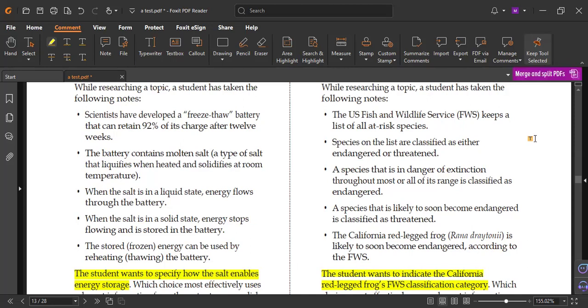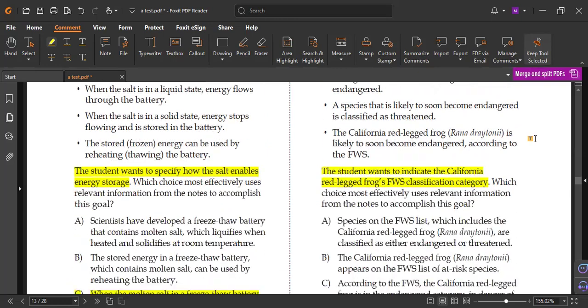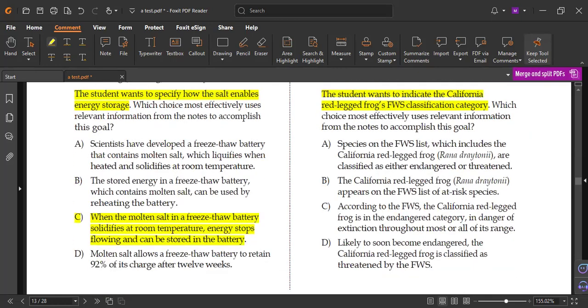Can I see the choices? Is it C? It can be letter C, but C no. Why?